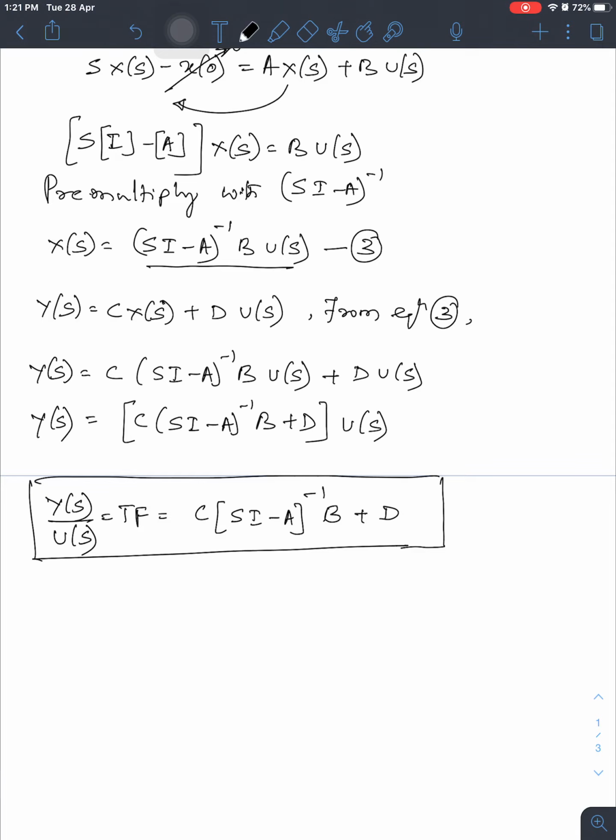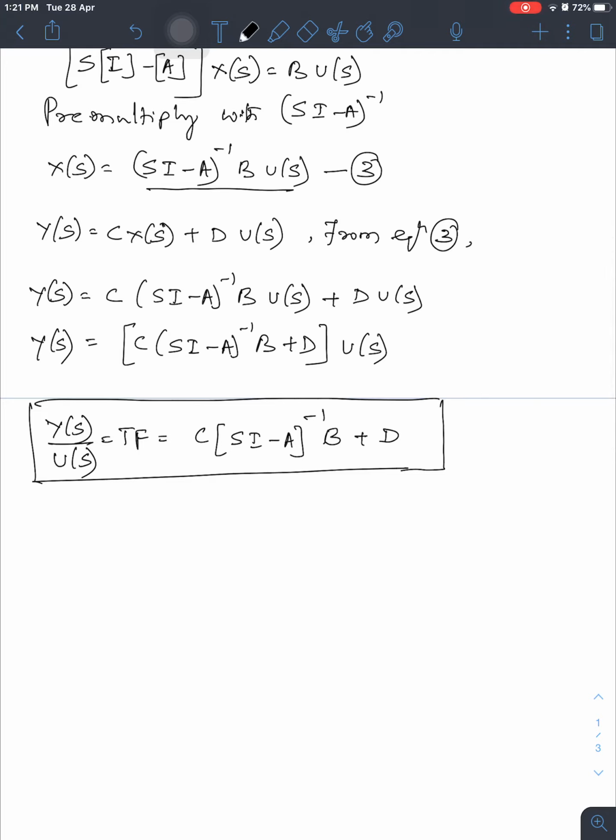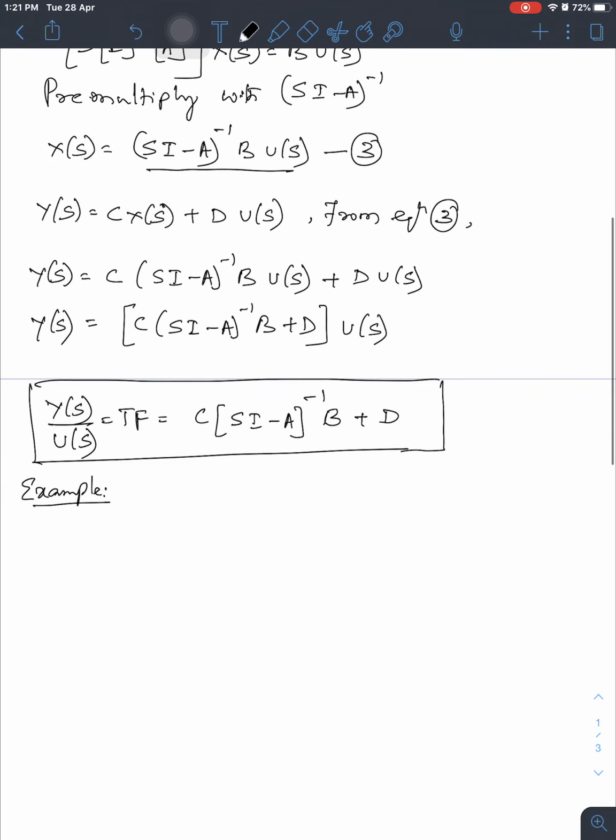This expression is there. Now how to employ this expression to arrive at the transfer function, we will try to see with an example. An example would make us understand as to how to deal with this.